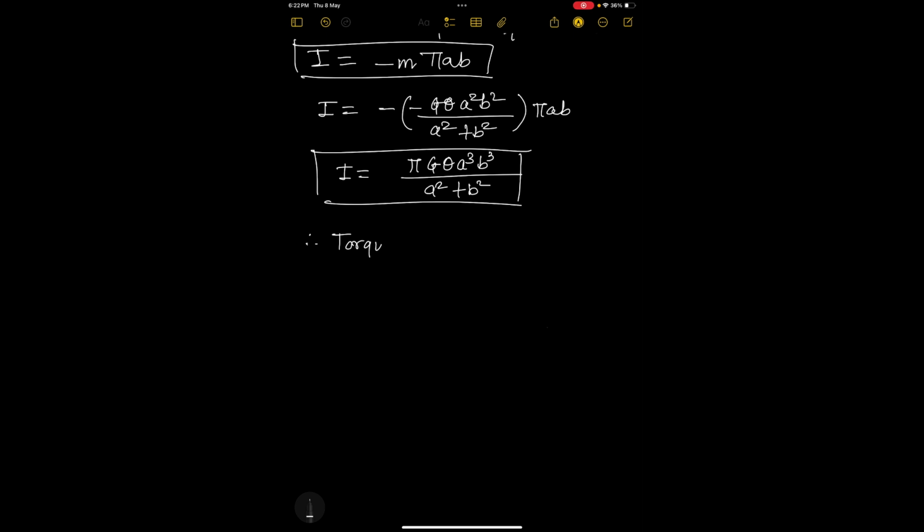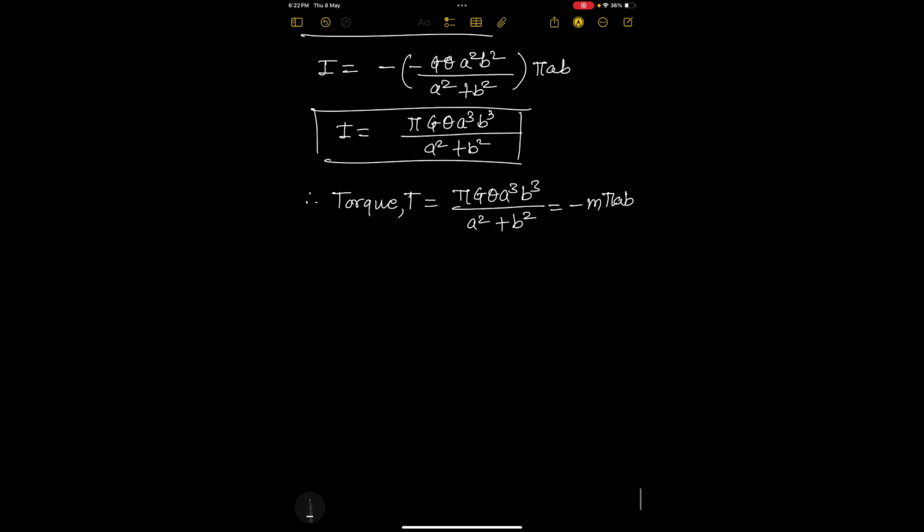Therefore torque T is equal to pi g theta a cubed b cubed divided by a squared plus b squared, which is equal to minus m pi ab.